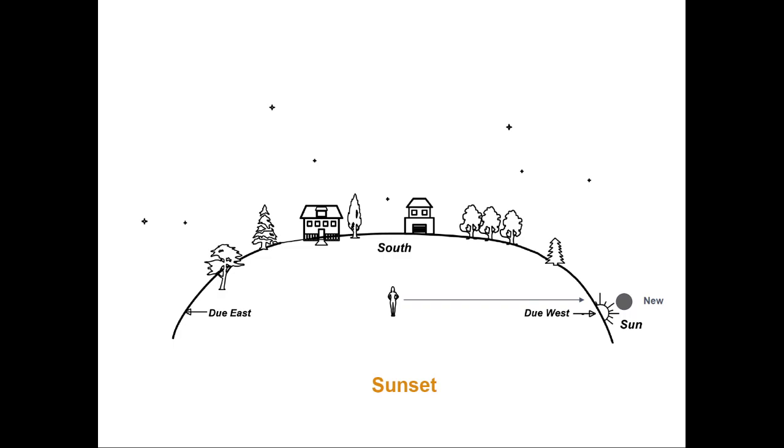And that's because the moon has to go a little extra to get around to the sun, because as the Earth is rotating and orbiting the sun, the moon has to catch up just a little bit more every time to be in the same place that the sun is. But anyway, so the new moon and the sun are in the same place in the sky.